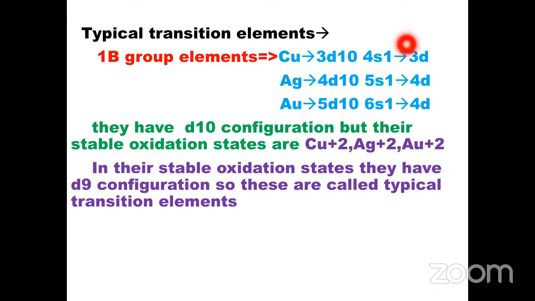These are different series. Copper, silver and gold belong to the first B group elements.